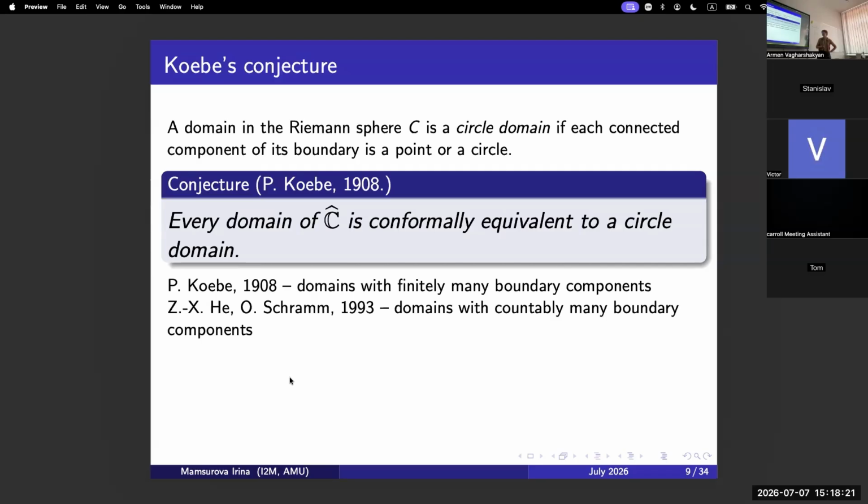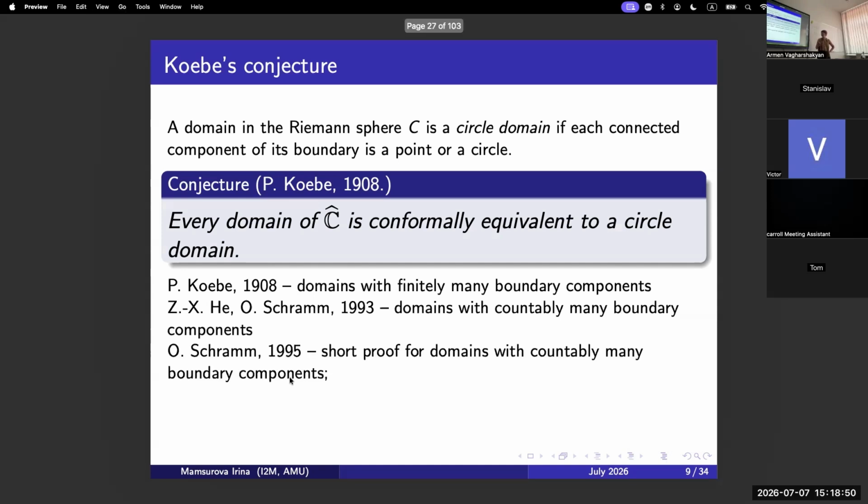And then for almost 80 years, it was open as a conjecture for an infinite number of boundary components. It was demonstrated in 1993 by He and Schramm, I don't know how to pronounce He, for domains with countably many boundary components.